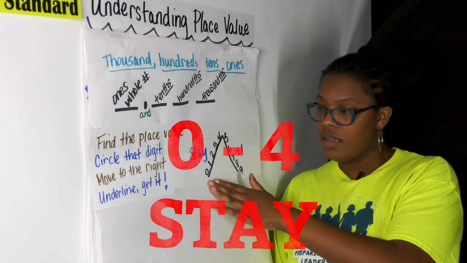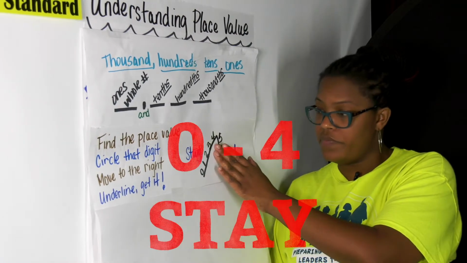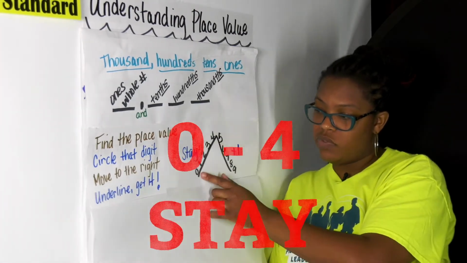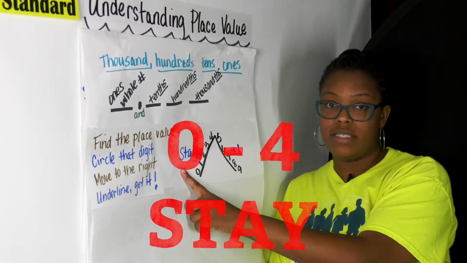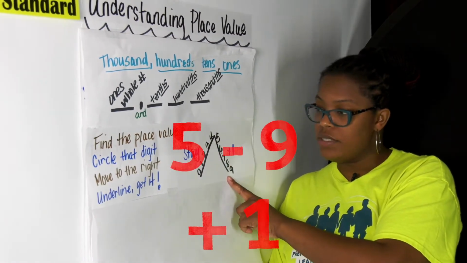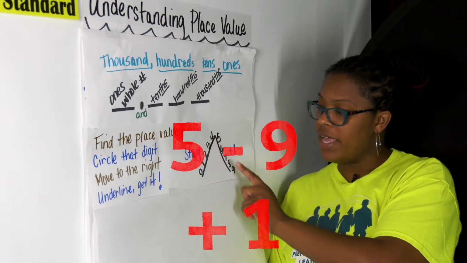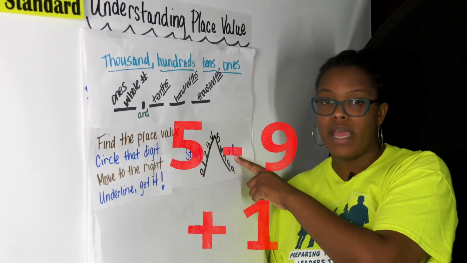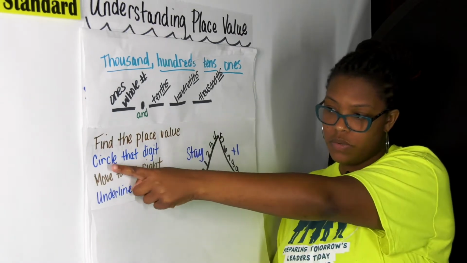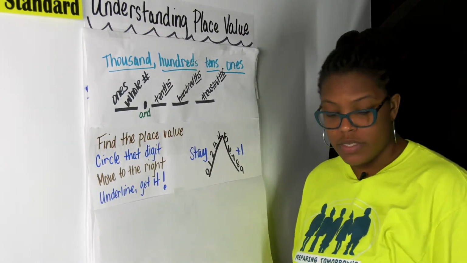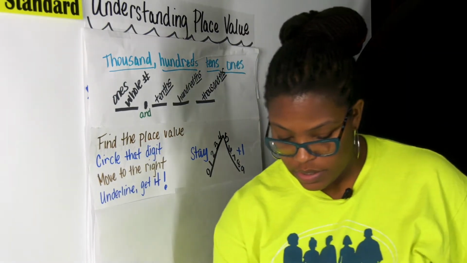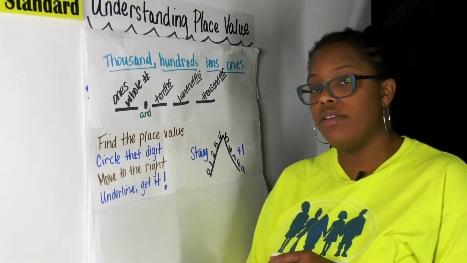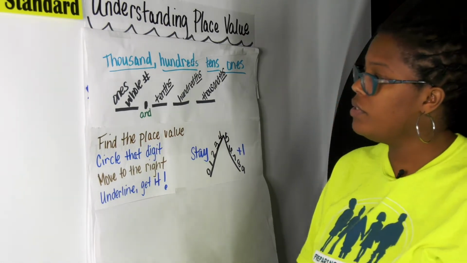All the numbers on the left from 0 to 4: if that underlined digit is from 0 to 4, it would stay the same. All the numbers to the right of our triangle from 5 to 9: if that underlined digit is from 5 to 9, you would add 1 to our circled digit.